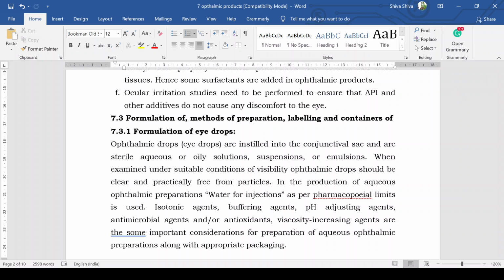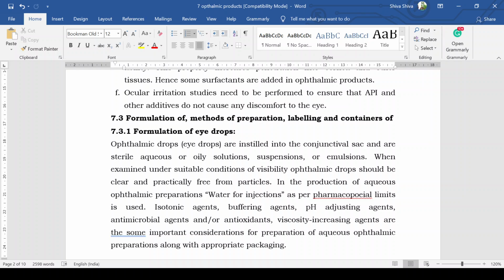Eye drops are basically a solution, suspension or emulsion. These eye drops are instilled into the conjunctival sac and are sterile, aqueous or oily solutions. Eye drops might be either aqueous or oily in nature.